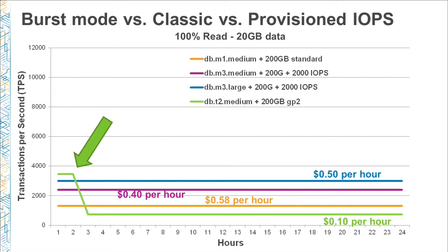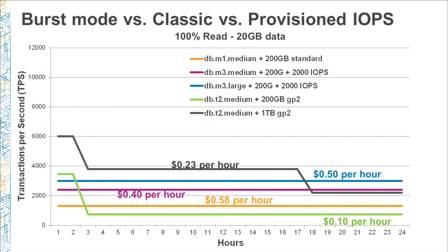But the cool thing with GP2 is, because you get more base IOPS by adding more space, I was like, well, let's just go and make it a terabyte instance, right? And run it again, because now I'm going to get base 3,000 IOPS. So that's more than I had on the M3 medium or the M3 large. And we get 6,000 transactions per second.